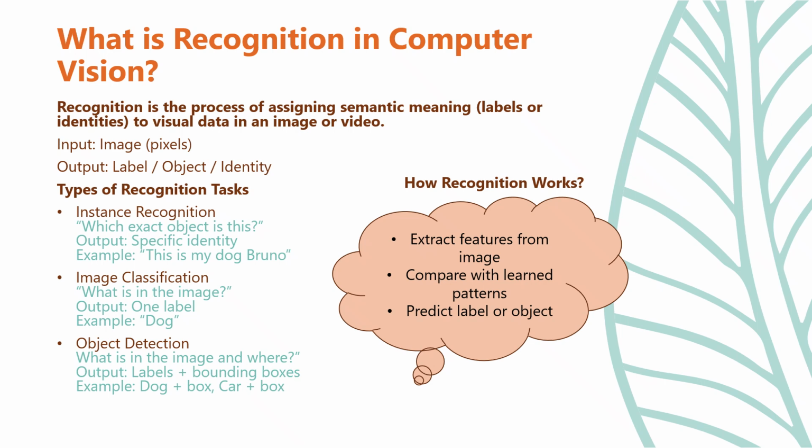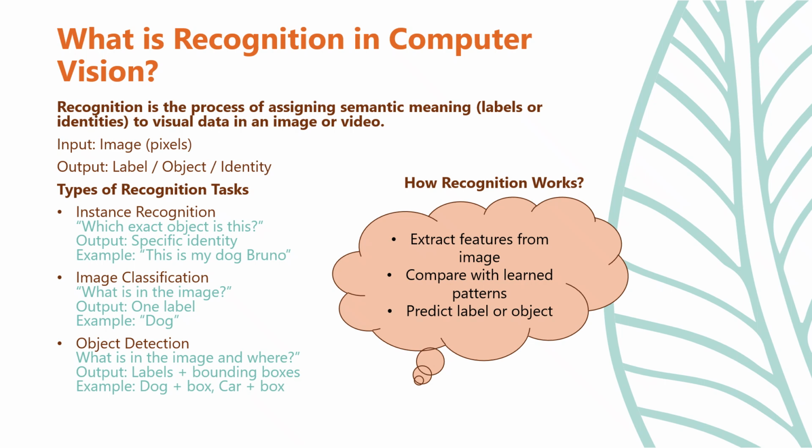Object detection identifies multiple objects and also tells us where each object is located. And the third is instance recognition, which identifies the exact object among many similar objects. Now, these three tasks become increasingly more complex because each one provides more detailed information than the previous one.